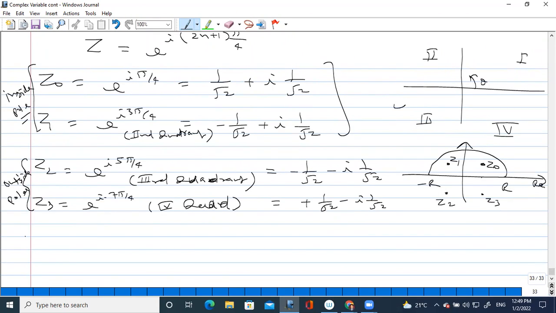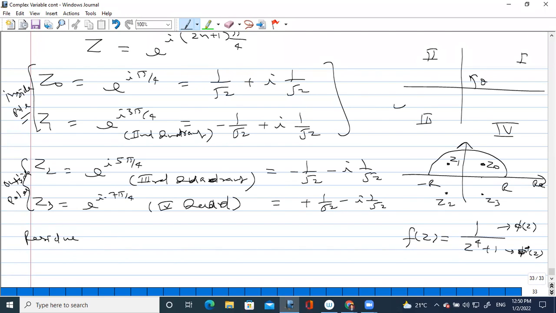Okay, so we can find out the residue. Here f(z) is 1 upon 1 plus z to the power 4. Okay, this is f(z), and this you can do by this method, phi(z) by psi dash(z).